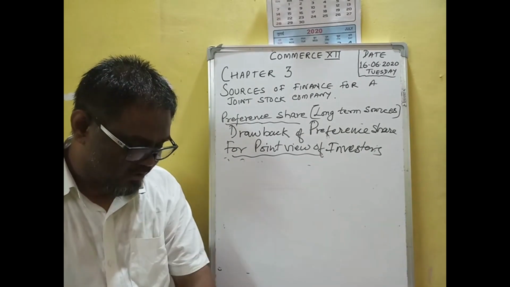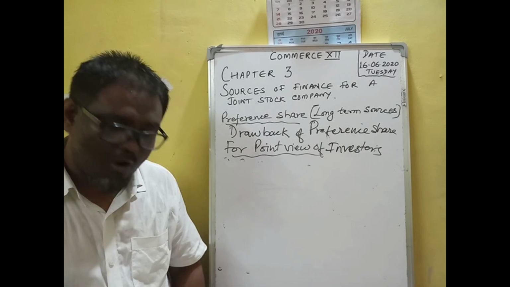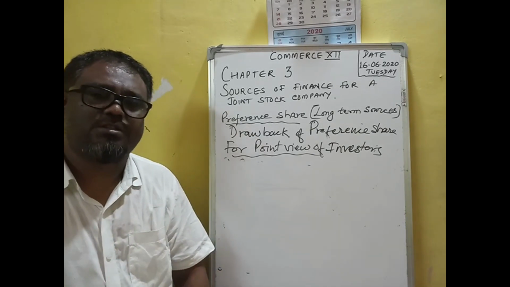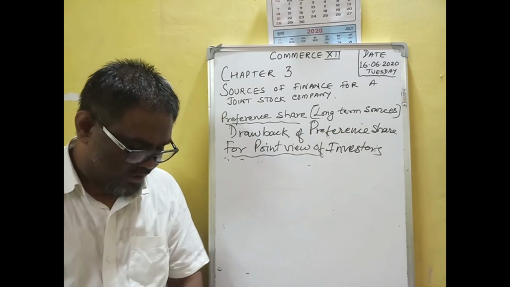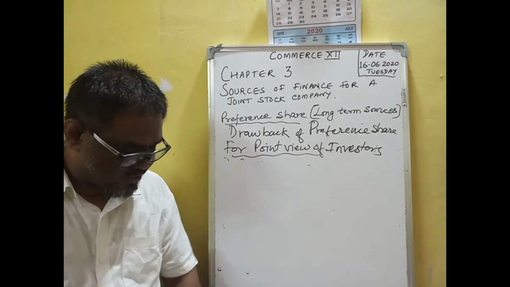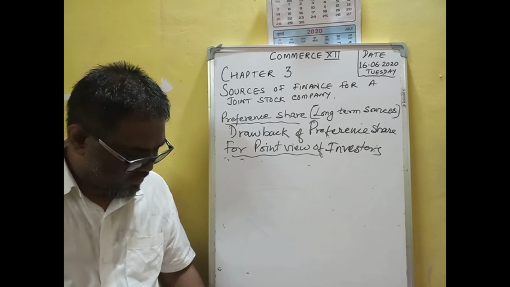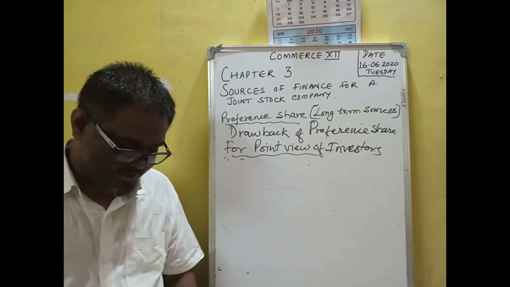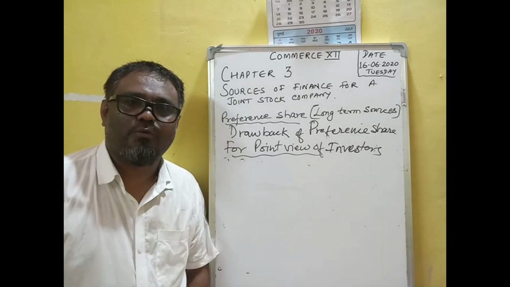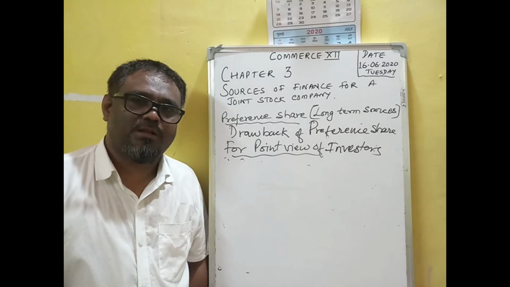I will again be sending the notes on this. Please copy the notes on this source of finance of a joint stock company. Next we will do bonus shares and employee stock options. So we'll continue in the next class. Thank you.